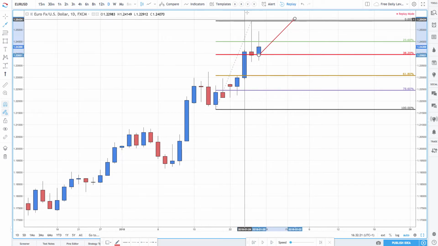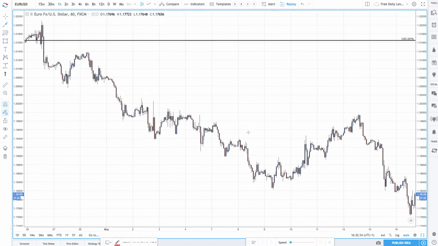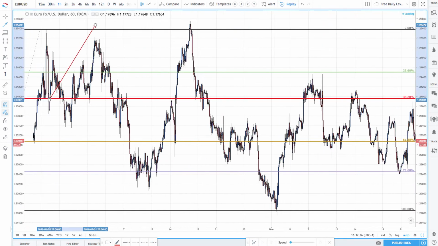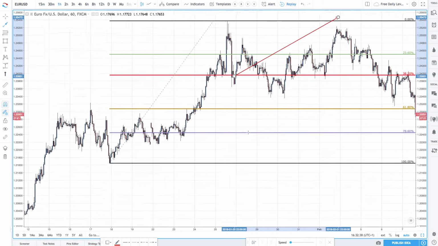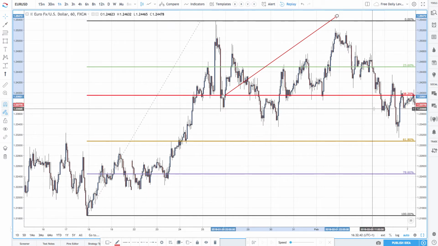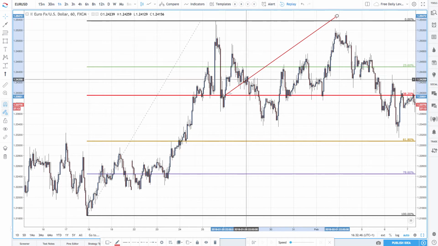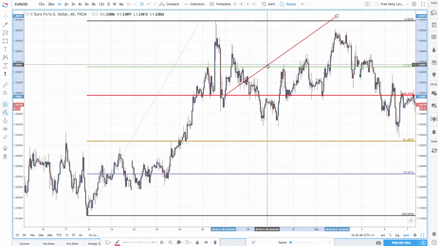So traders will look for price to come down and hit a level, maybe on the lower time frame, like a 1 hour chart. This was our swing high to our swing low, and then they will look for the 38.2% level and look to buy off of that level.